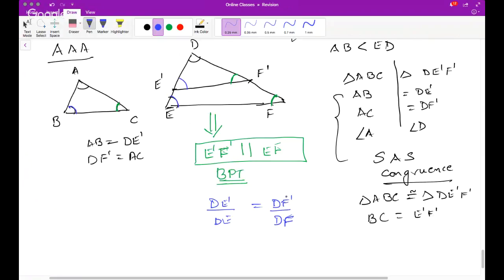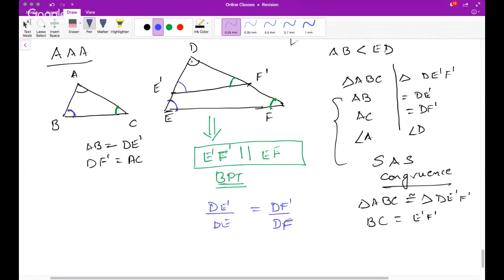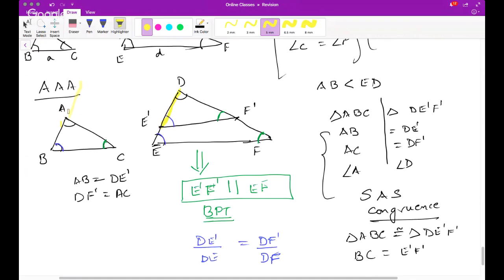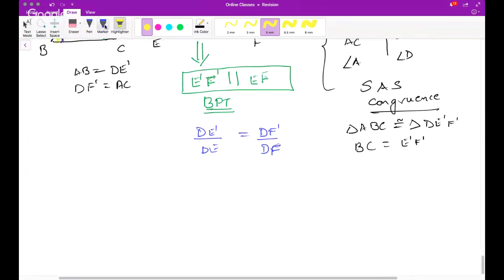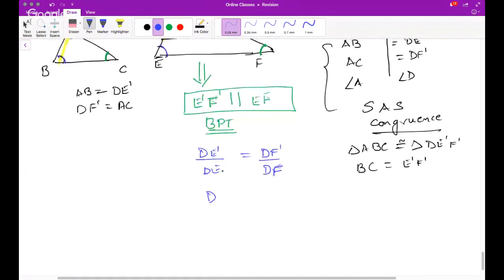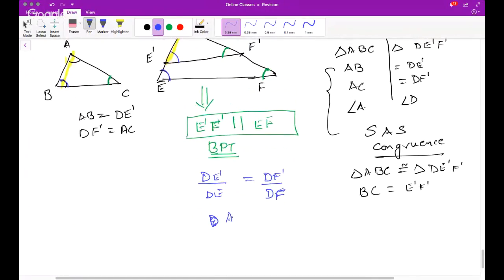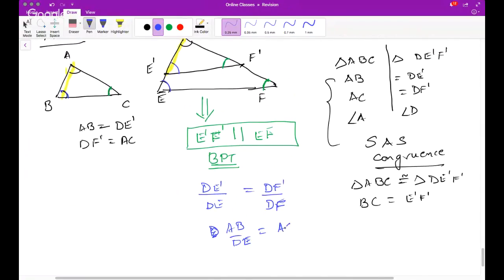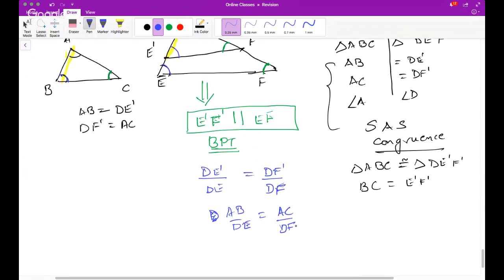And since DE' was equal to AB by construction, I can replace that there, and I can say AB by DE is equal to AC by DF. And this exercise can be repeated 3 times to prove that all the corresponding sides are proportional.